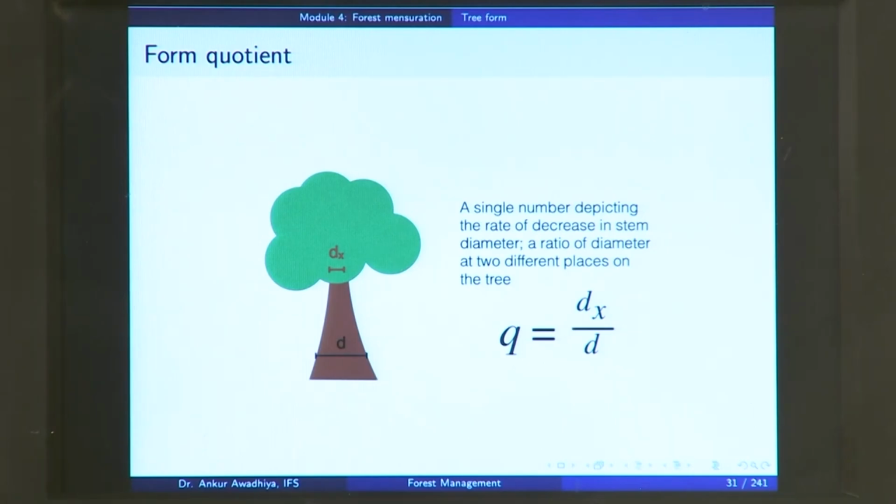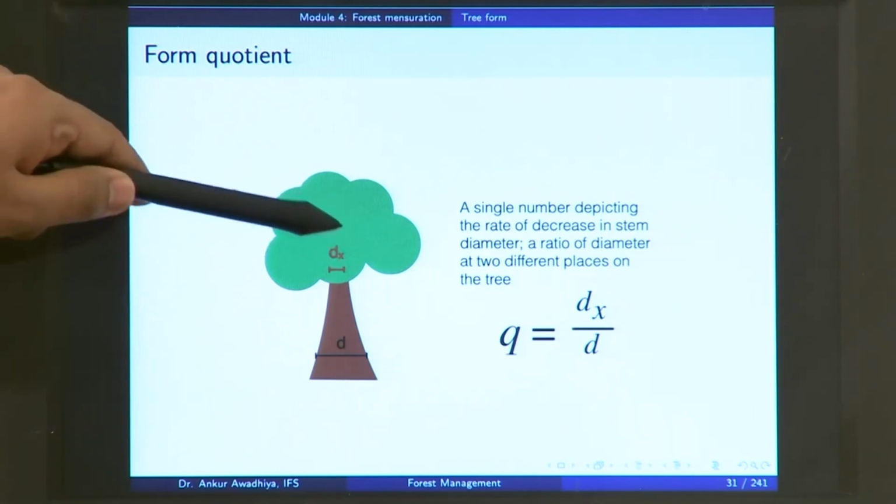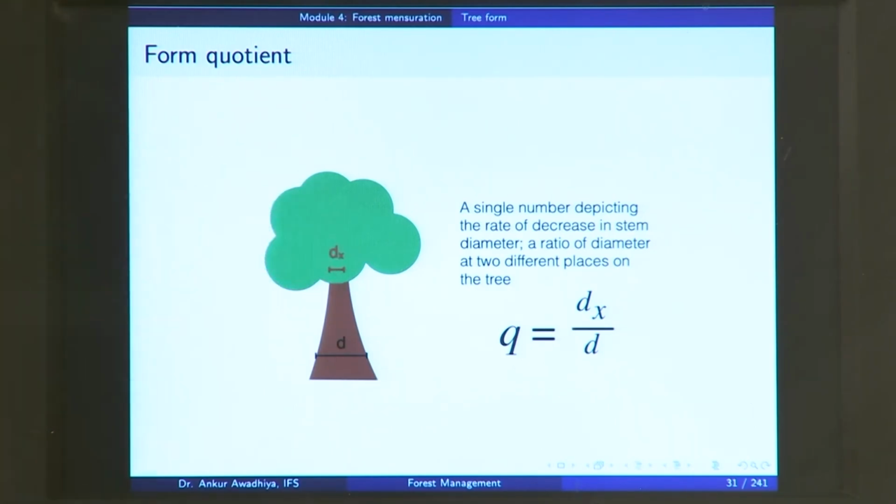If you have a tree with a great amount of taper, d at x will be very small, and so the form quotient will also be small, whereas in the case of a cylinder, the form quotient will be greater. So, now the next question is, where do you measure this d and where do you measure the dx?